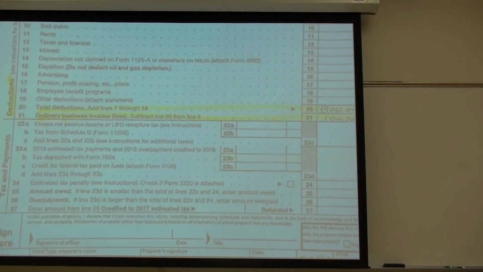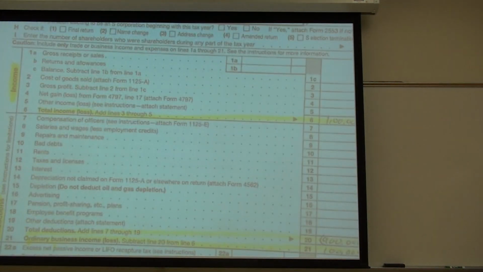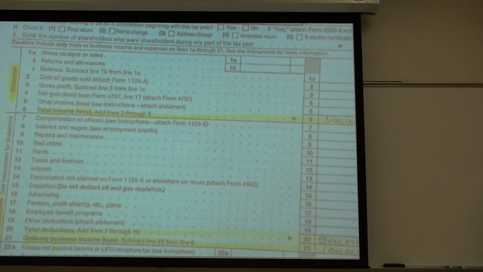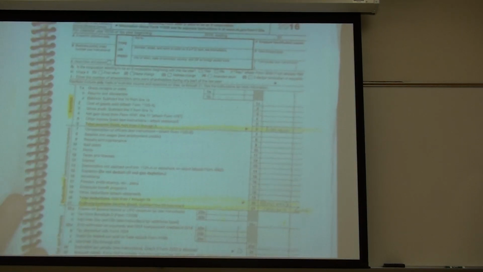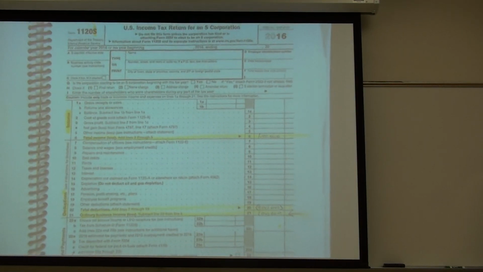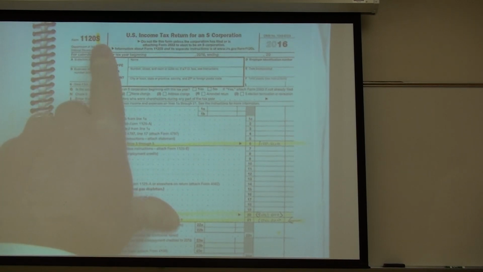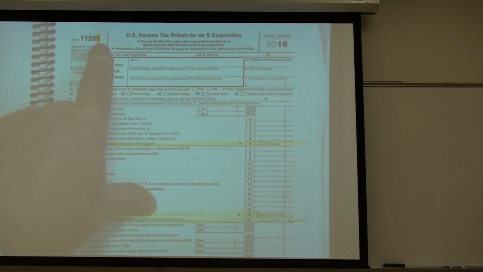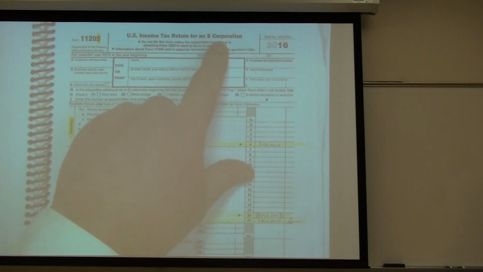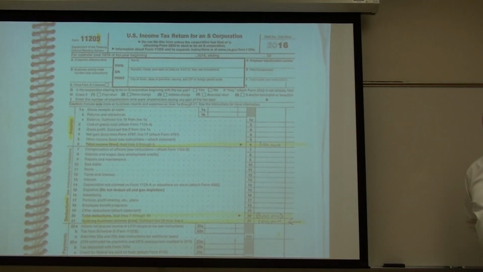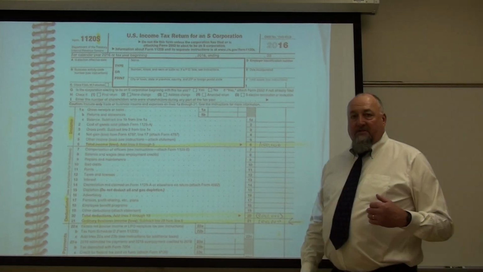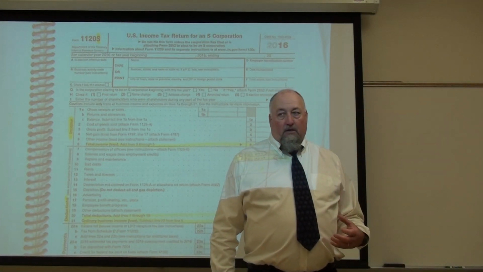So let's look at the next one on page 77. Again, this is an 1120 form, but this is an 1120S form for an S corporation. Remember, an S corporation is a pass-through entity.